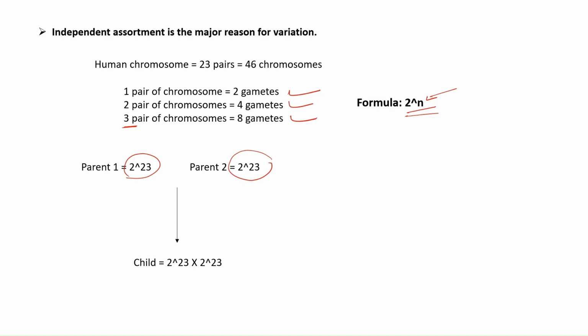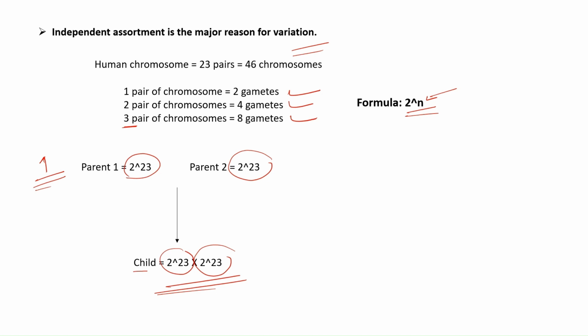Now when the offspring is produced, in the child, 2 to the power 23 into 2 to the power 23, this many variations are possible. That means from a single parent pair, this many variations of children can be produced. So independent assortment is the main reason why we are different from one another.